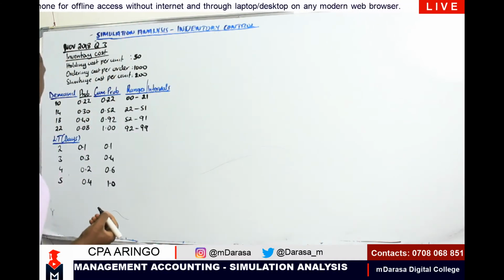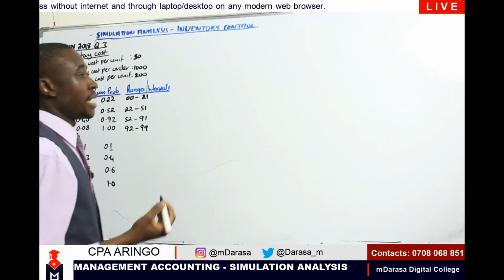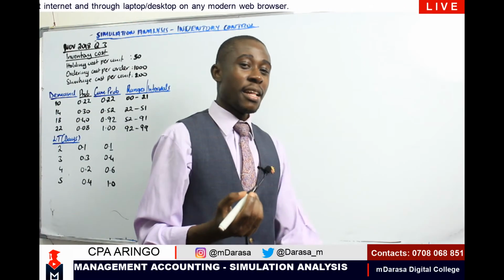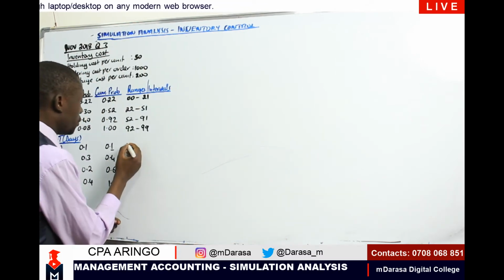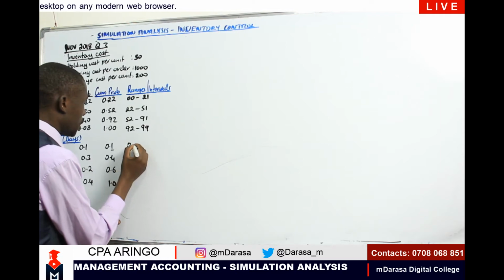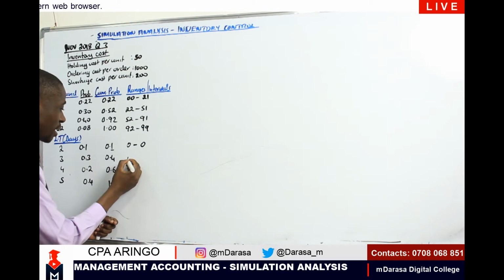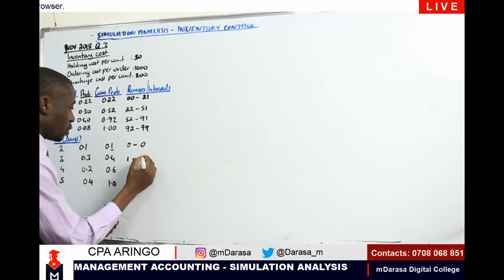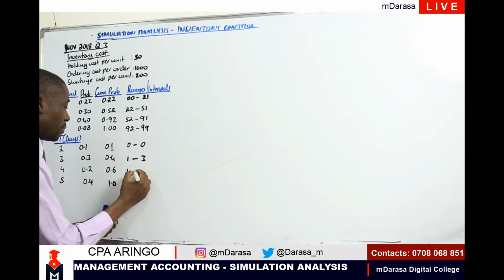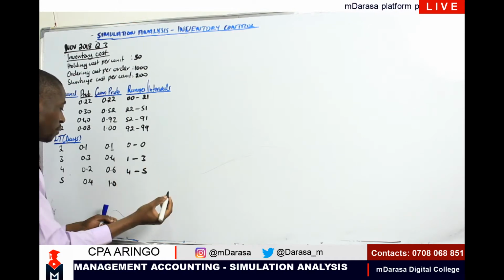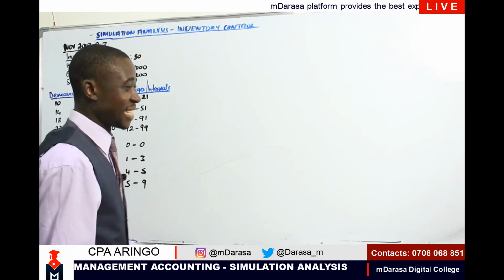Then after I'm done with that, consider the next range. Under lead time, we only had 1 decimal place. Therefore, our range should also be 1 digit. So we start with 0 to 0, then 1. For the limit of 4, we should have 3, then 4. For the limit of 6, I should have 5. For the limit of 10, I should have 9.